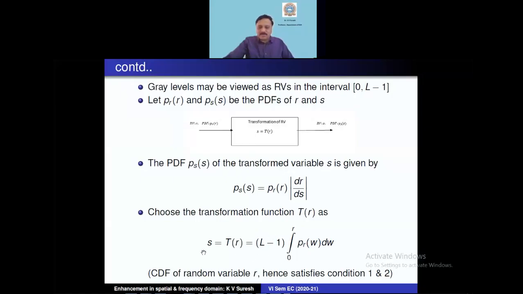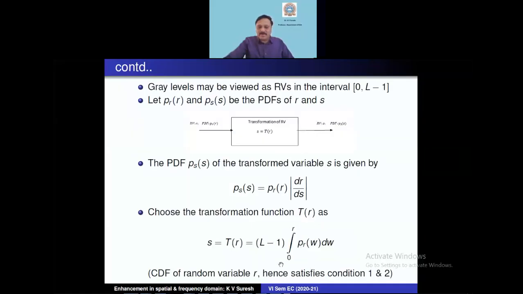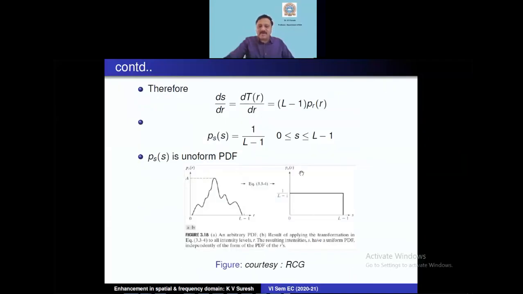If I differentiate this, ds by dr is equal to the differential of the integration, which is the value that I have here. So I'll get L minus 1 into PR of R. So ds by dr is equal to L minus 1 into PR of R. Simple mathematics, nothing great here. L minus 1, and the differential of this is PR of R.